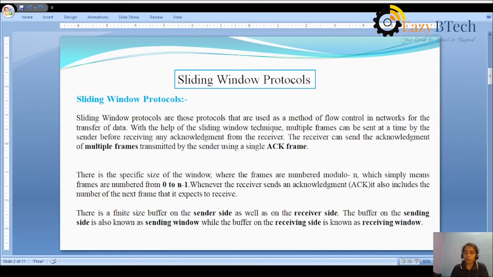This is one technique to send multiple frames from source to destination at a time, and receive only one acknowledgement frame instead of a number of acknowledgement frames.